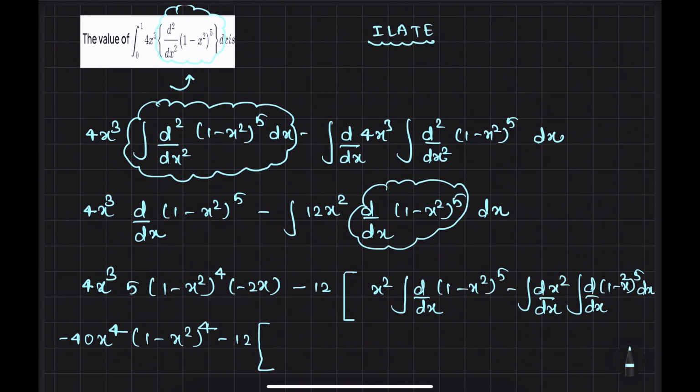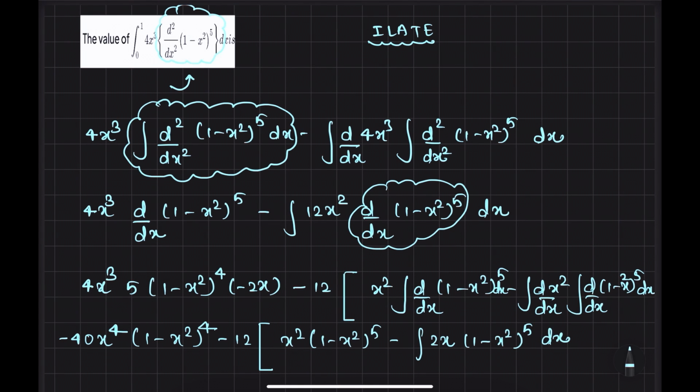Be very slow, look here. We will be having x square, and the differentiation and integration will be eliminated. We will be left with 1 minus x square power 5, minus its integration, meaning differentiation of x square becomes 2x, and then you will be having 1 minus x square power 5 dx.